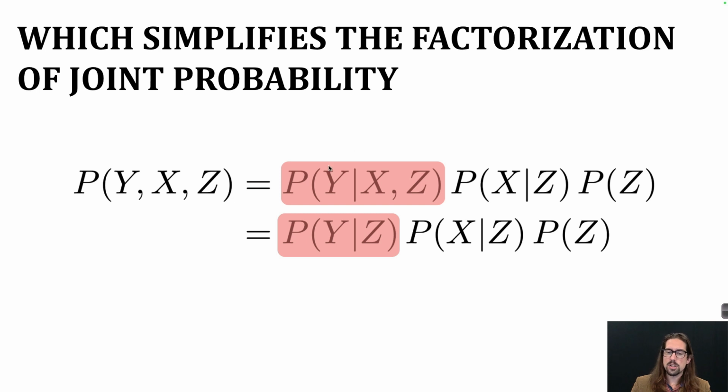If you have such a factorization, and let's say in this example we know that y and x are independent given z, then these two probabilities are the same. That's the definition of conditional independence. So this factorization simplifies a little bit. We don't have to condition on x over here. We can just write y given z, and here it's x given z and probability of z.